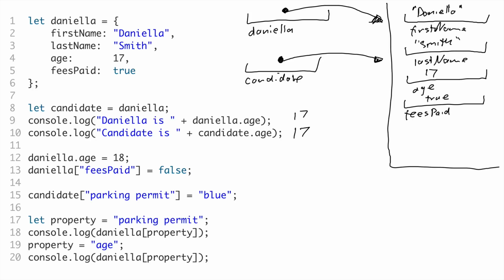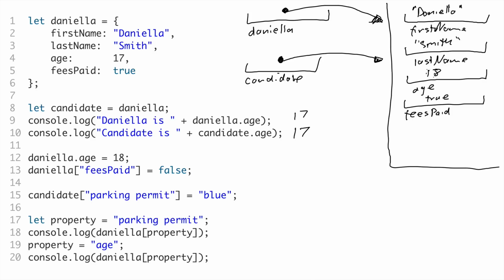We can also use this dot syntax to modify properties of an object. So here on line 12 we say Daniela.age is the left hand side of an assignment, and we have the value 18 on the right hand side. If we do this, we replace the value 17 that's stored in the age property of this object with the value 18.